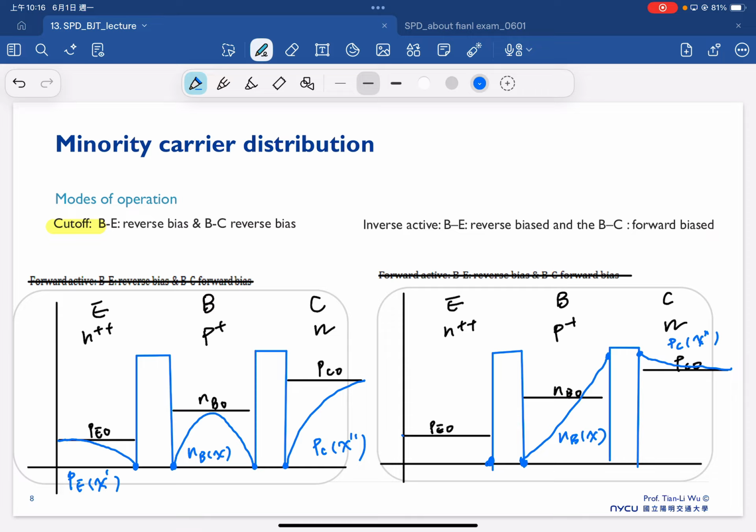And we have this one, which is PE, the hole, with respect to the X prime position. So this is the minority carrier distribution for the inverse active, which is completely opposite compared to the forward active.